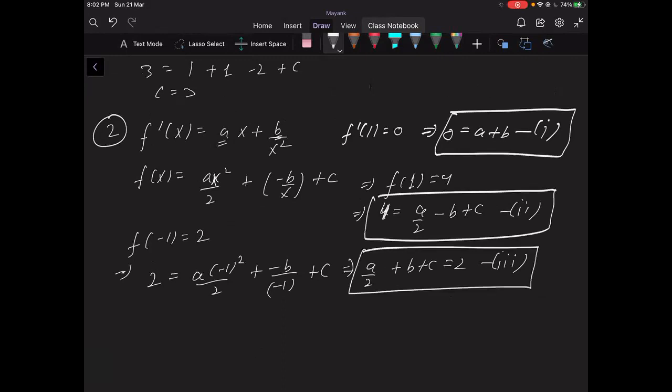So I have one question. How did you get plus brackets minus b upon x? Yeah. If I integrate b by x squared dx, this is b integral x to the power minus 2 dx, b x to the power minus 1 by minus 1.